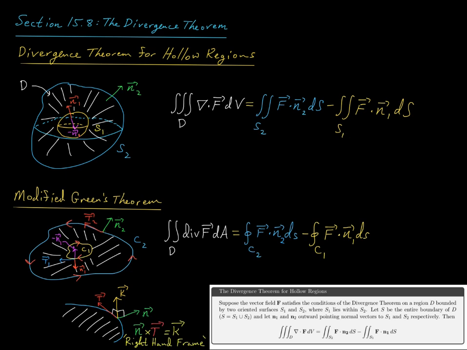In other words, if I take the normal vector n and cross it with the unit tangent vector t, then I get the k direction. So if I'm moving counterclockwise, I should be choosing the outward pointing normal, because if I take n cross t, I'm going to get positive k.